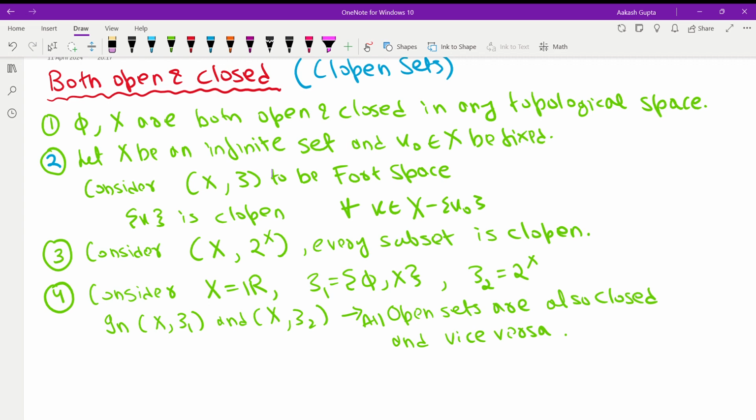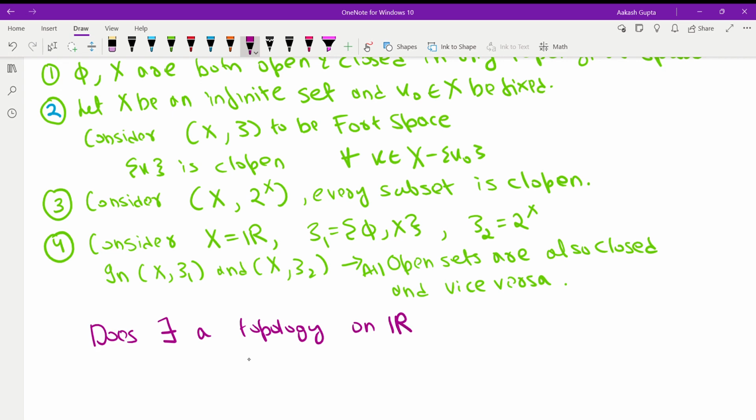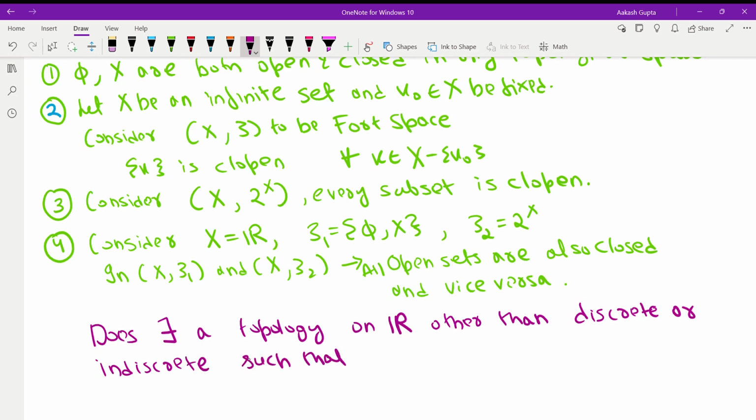So I have a question for you guys. Does there exist a topology on R other than discrete or indiscrete such that every open set is closed and vice versa?